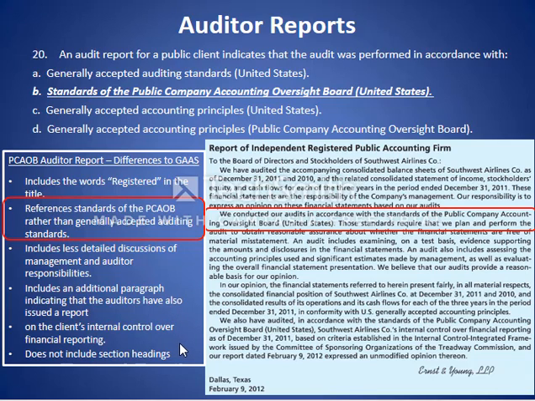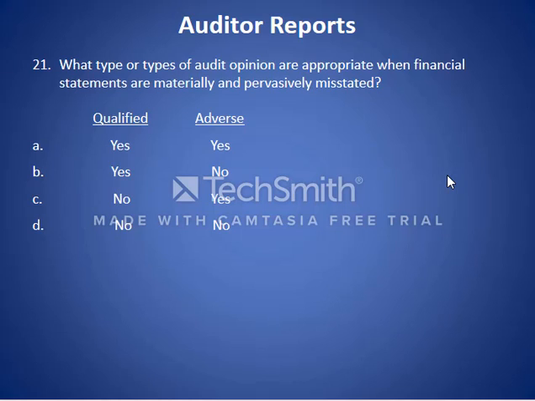So let's try the last multiple choice question in our video, which will be question number 21. What type or types of audit opinion are appropriate when financial statements are materially and pervasively misstated?